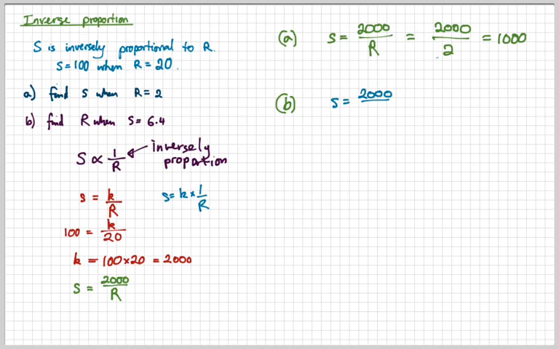Part B. S is equal to 2,000 divided by R. So when S is equal to 6.4, we have 6.4 is equal to 2,000 divided by R. Maybe you should pause the video now and see if you can just find out what R is.